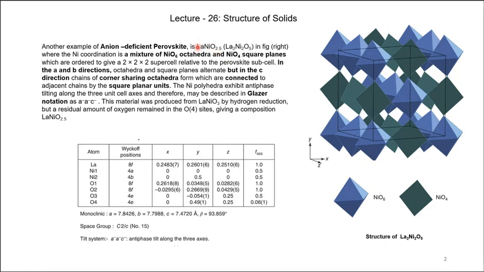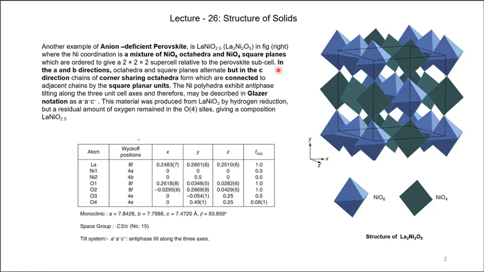So this is also an anion deficient perovskite, and we can see the nickel coordination as a mixture of nickel octahedra and nickel square planar planes, which are ordered in such a way that there is a 2 by 2 by 2 supercell relative to the perovskite subcell.